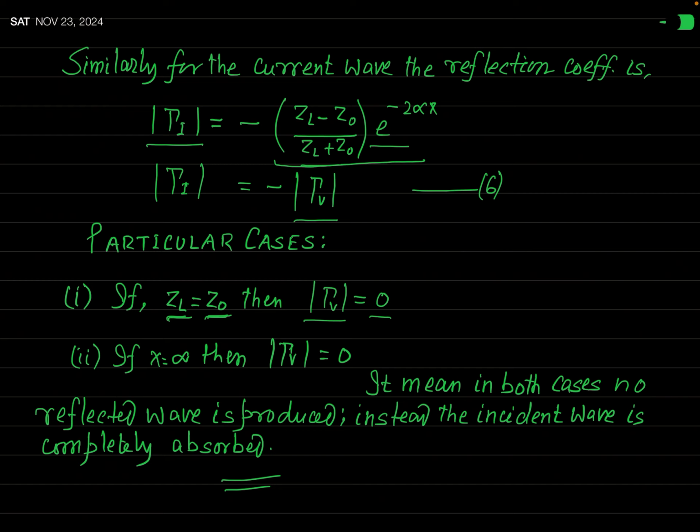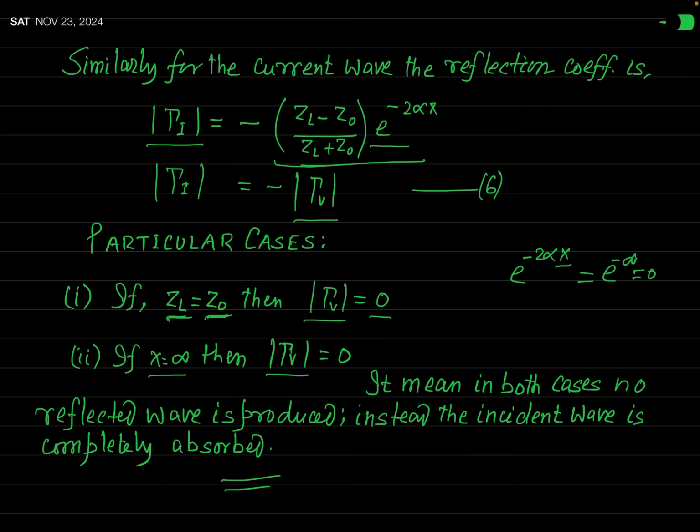And if ZL is not equal to Z0, but you consider that x is equal to infinity, it means our test point is far apart from the load end, then again you can see, due to the presence of this factor e to the power minus 2 alpha x in the expression of gamma V, when we take x equal to infinity, this will be e to the power minus infinity, and that will be equal to 0.